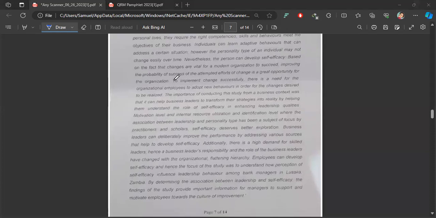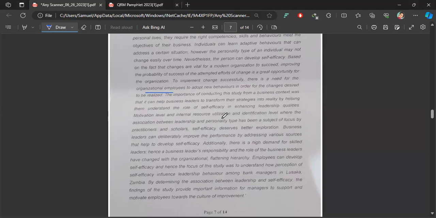Okay. So I've shared this paper in your group. If you haven't looked at it, just have a glance at it. Okay, so what I'm seeing here, to implement a change, there's need for organization of employees, blah, to adopt new behaviors, blah, blah. So helping understand.